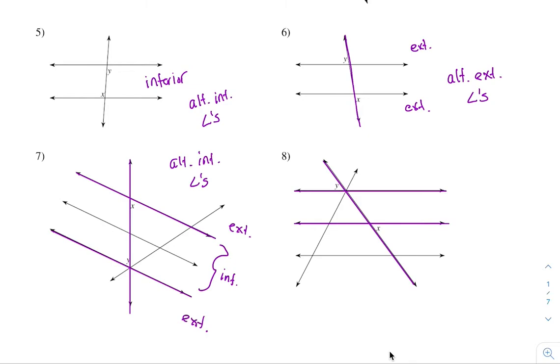So if you just look at the purple, here's your interior and here's your exterior. So y and x are both on the exterior and they're not on the same side. So it's just alternate exterior angles.